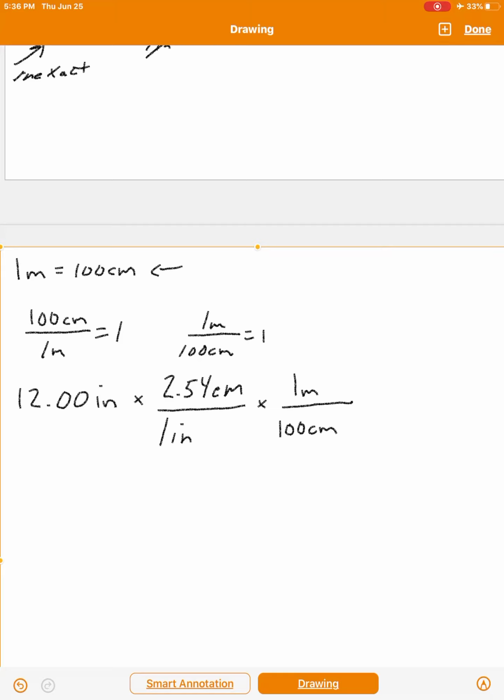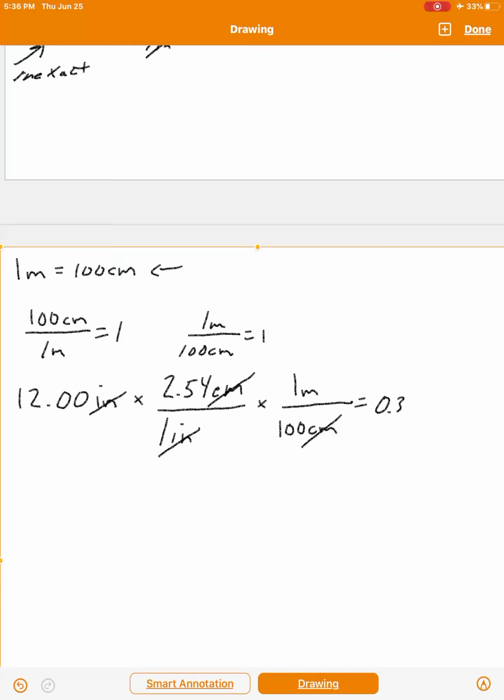This is often referred to as a chain, where you're calculating more than one calculation in the same chain of numbers. So the original calculation we did was we got rid of inches to get centimeters, but now centimeters divided by centimeters is 1, and our result is going to be in meters.